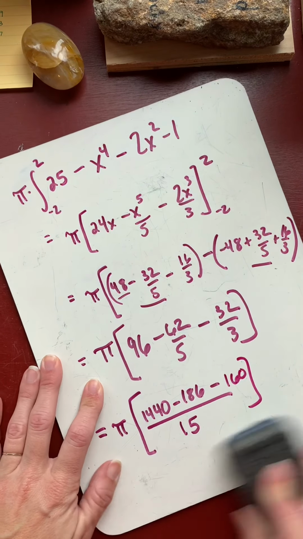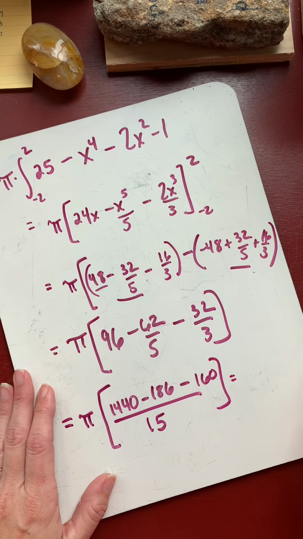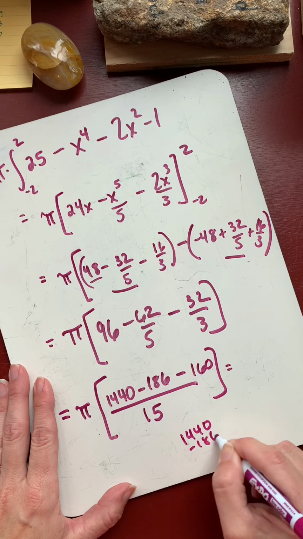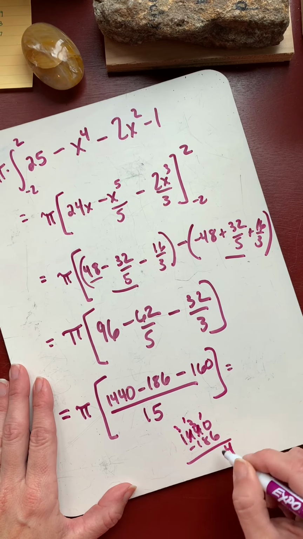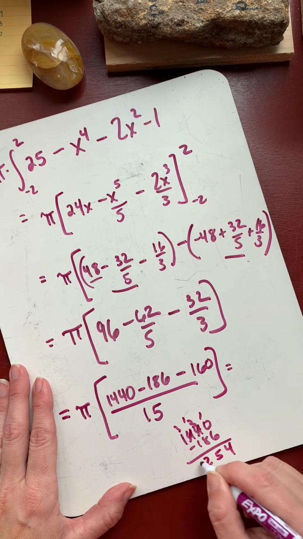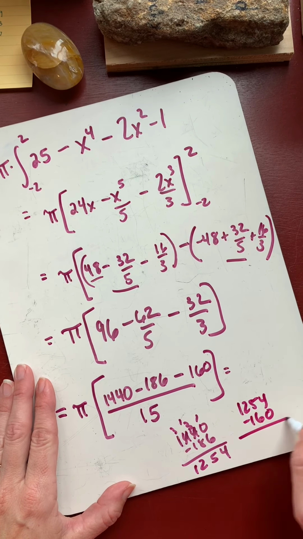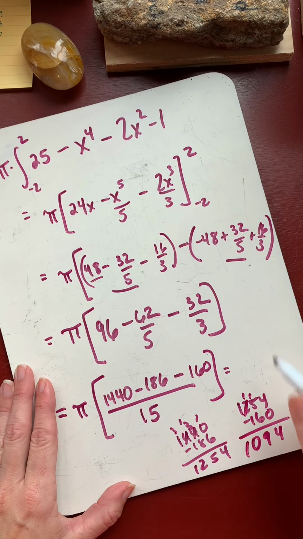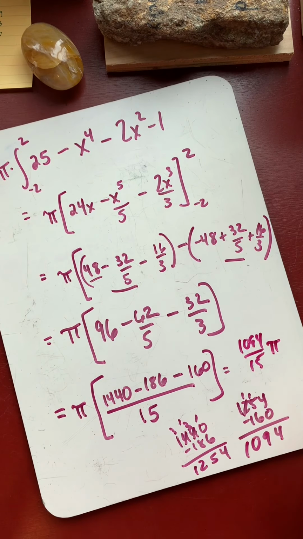This is such a waste of iPhone space and brain space. 1440 minus 186. You know I'm messing up somewhere. It always happens. You're probably screaming at the screen right now. I get 1094 over 15 pi.